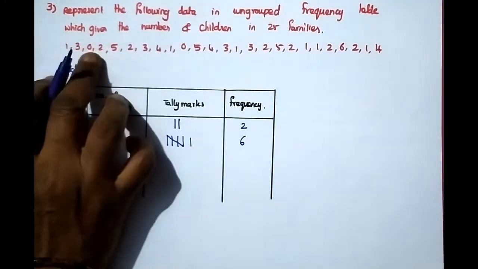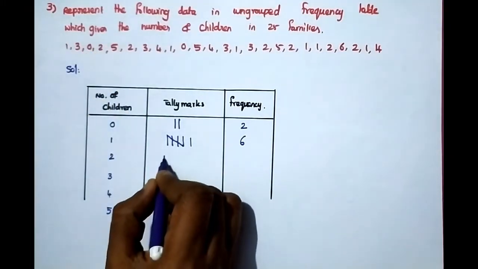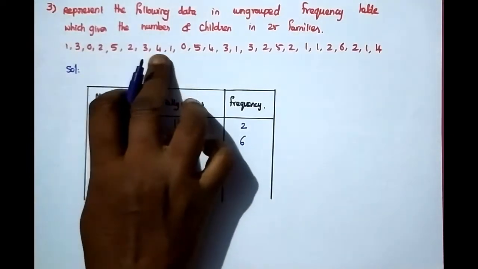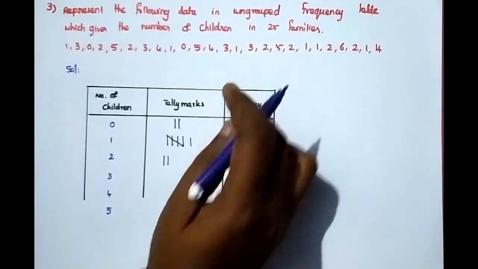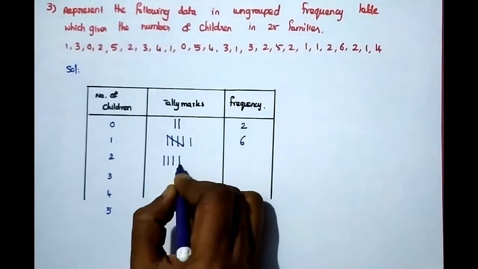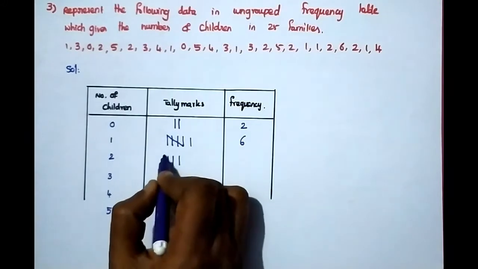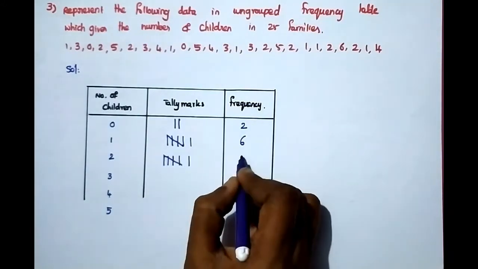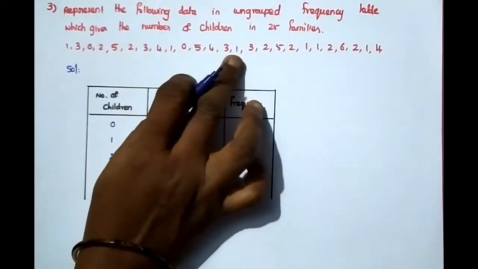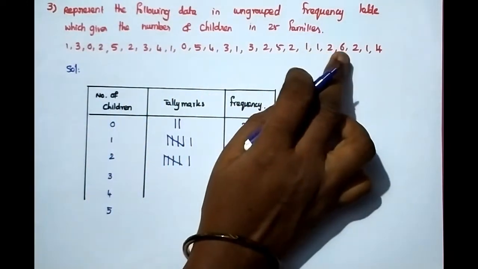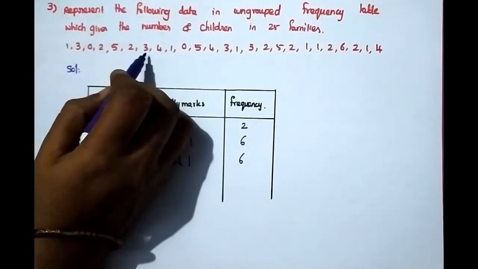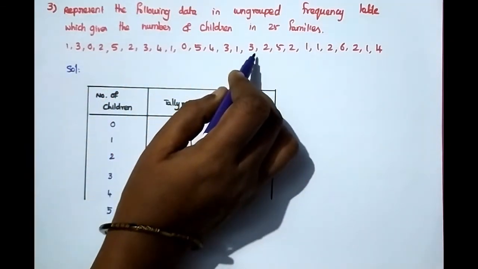Next to 2, 1, 2, 3, 4, 5, 6, and then 3. 1, 2, 3, 4.